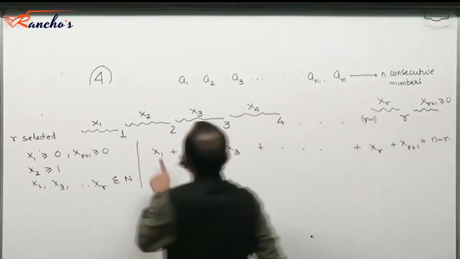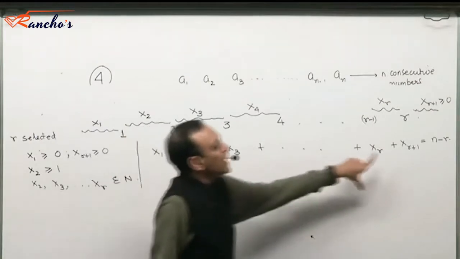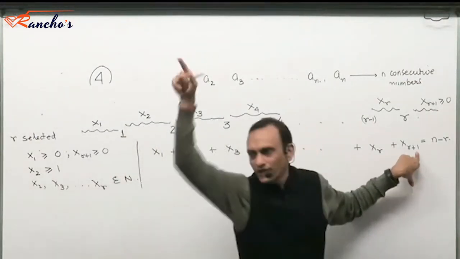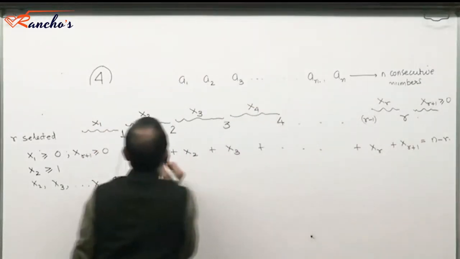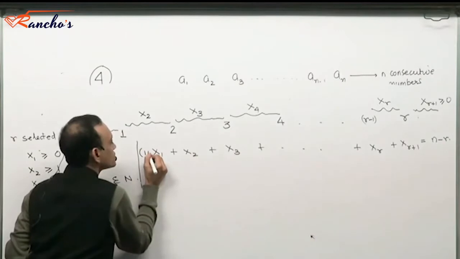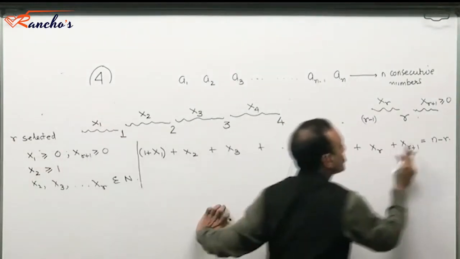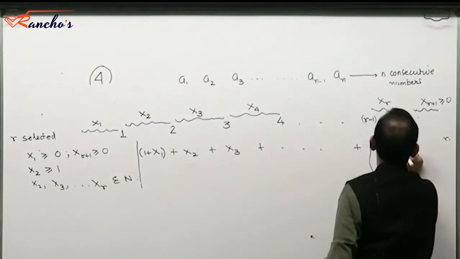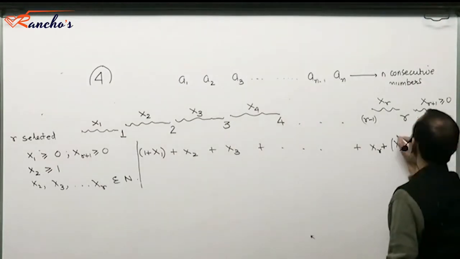Now, x1 is a whole number, so x1 plus 1 will be a natural number. xr plus 1 is a whole number, so xr plus 1 would be a natural number. So what I do is, I add 1 to this, so that this becomes a natural number. And the rest anyways are natural numbers. And to xr plus 1, also I add 1, so that this also becomes a natural number.